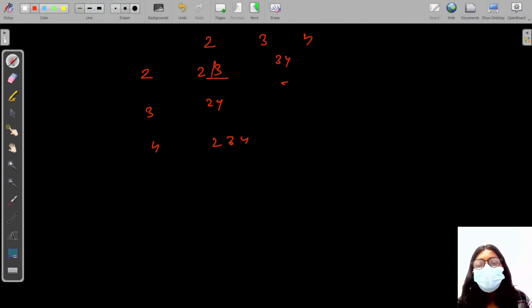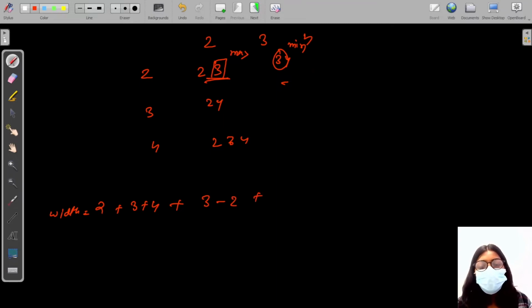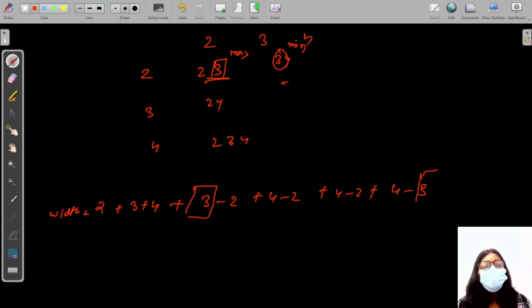Here this 3 behaves as max, and here this 3 is min. So if I calculate my width, it is going to be equal to 2, 3, 4, my width: 3 minus 2, 4 minus 2, plus 4 minus 2, plus 4 minus 3. So one time it is behaving as max, one time it is behaving as min.